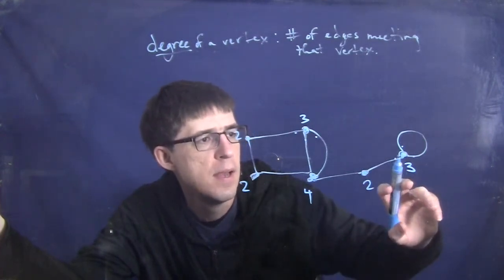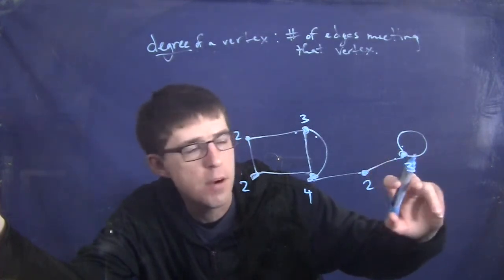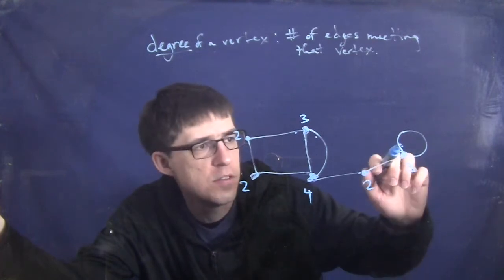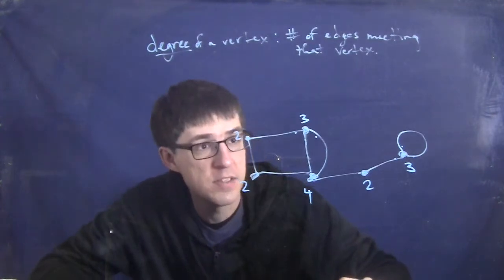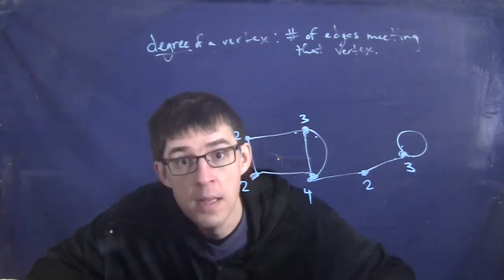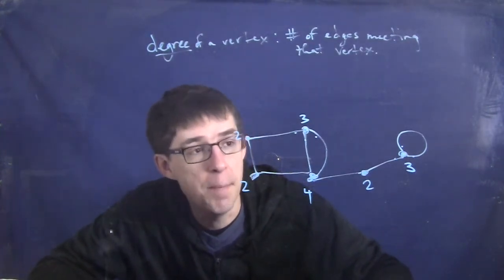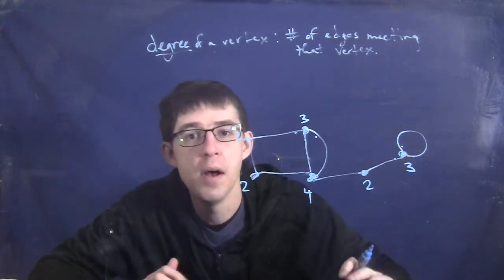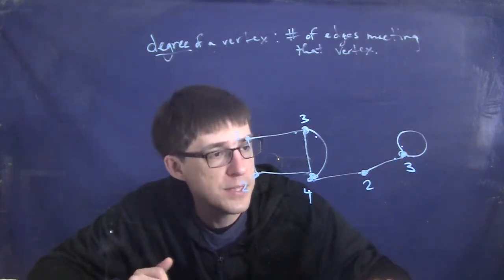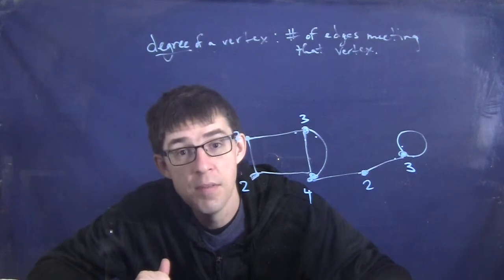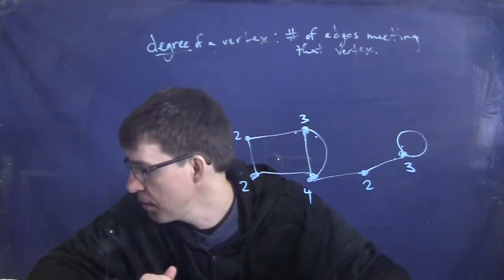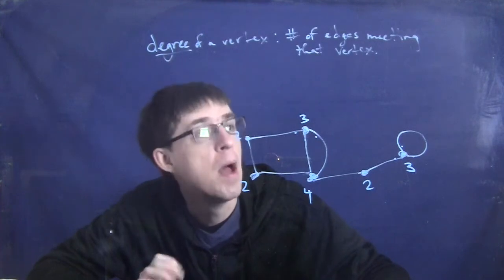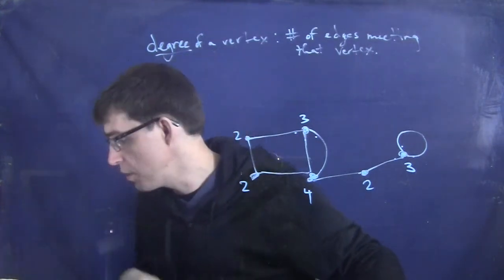So this vertex has 3 edges coming out of it, 3 ends of edges. Now the fact that these two are actually the same edge is irrelevant. The degree there is still 3. All right, this is what the degree means. They're just numbers. Very simple concept. It turns out, though, to be very important in many of the applications of graph theory that we are going to talk about.